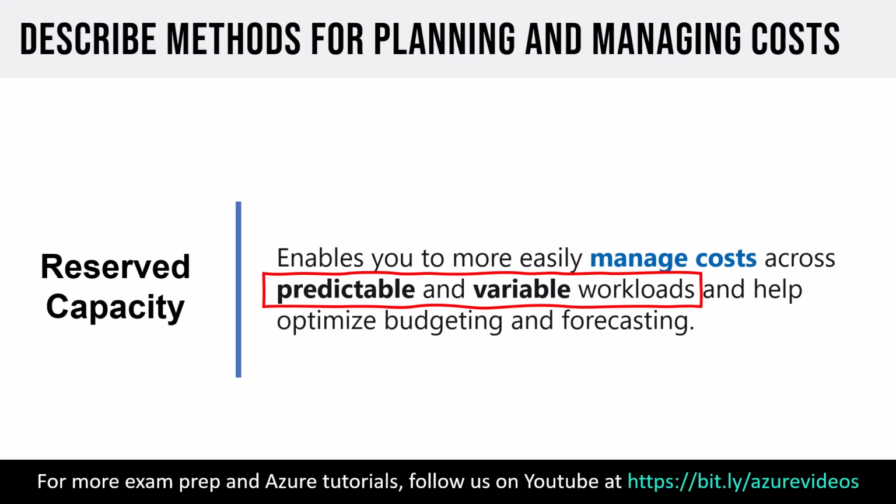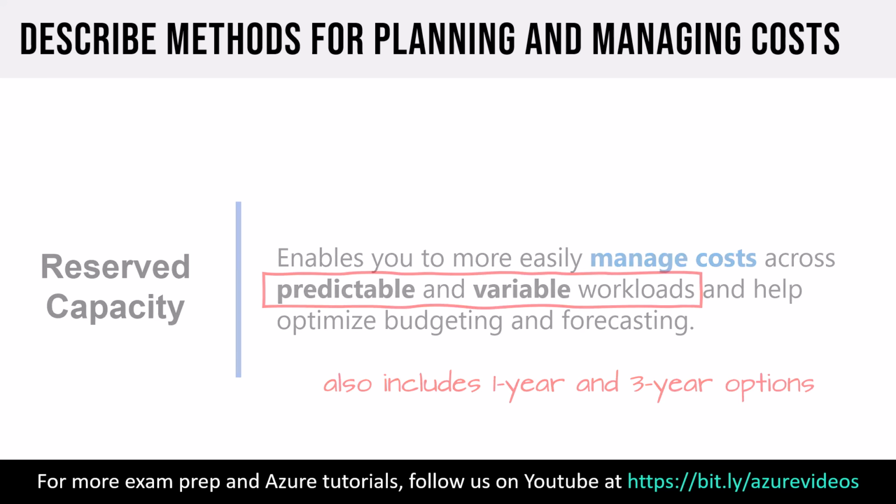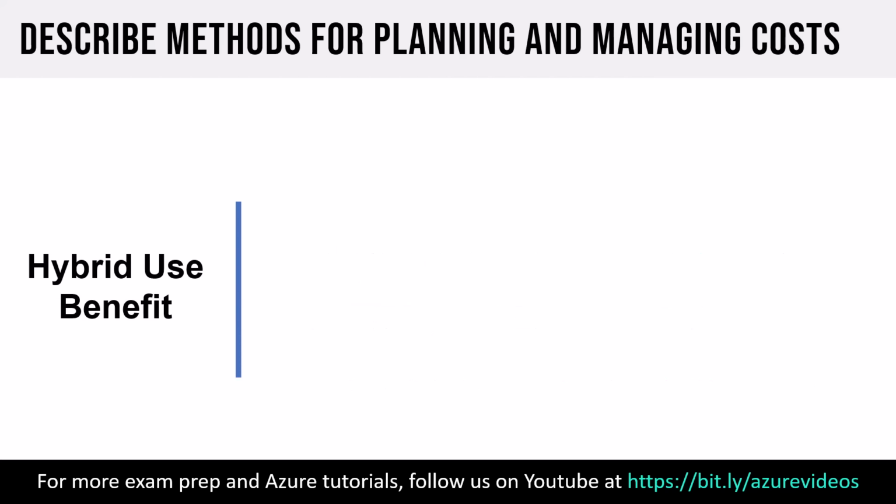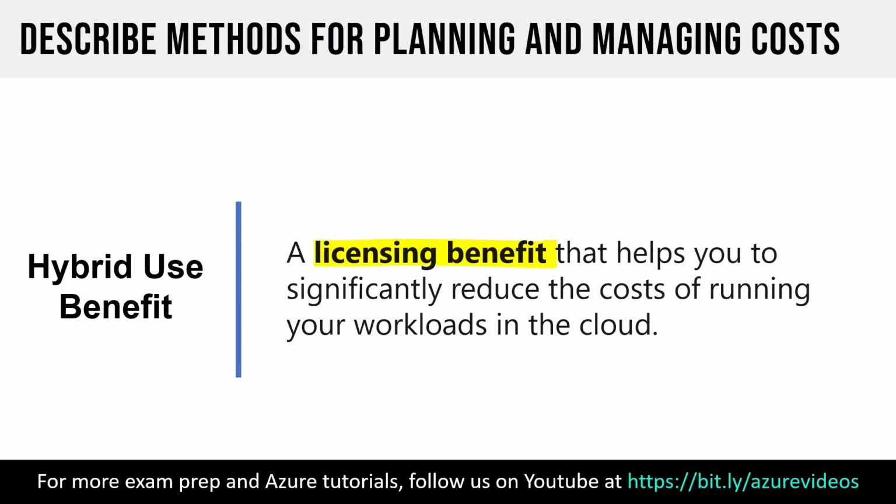And like reserved instances, reserved capacity also includes 1-year and 3-year options. And the same premise also applies to those options. You save a certain amount with the 1-year option, you'll save more with the 3-year option. You're making a commitment.